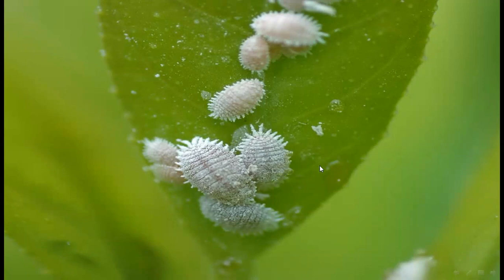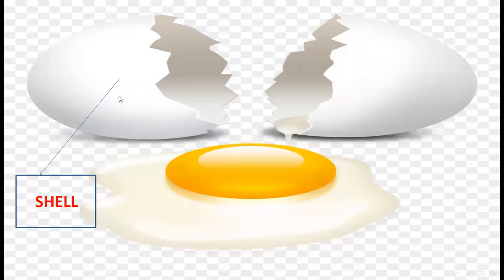Nearly all insects lay eggs. The outside of an insect's egg is made up of chitin. This is the hard material that their outer skeleton is made of. This one is called chitin.